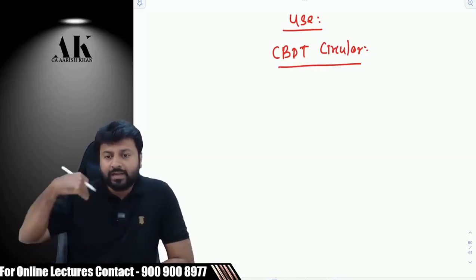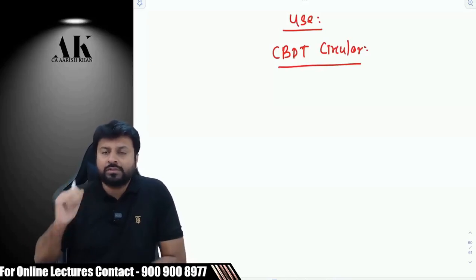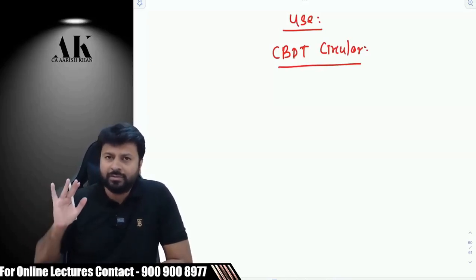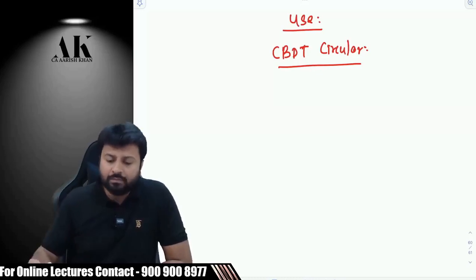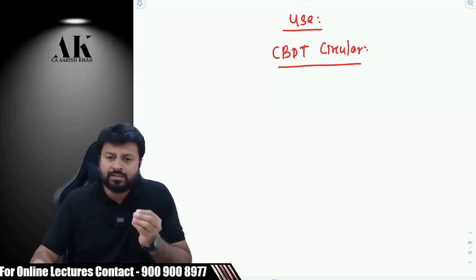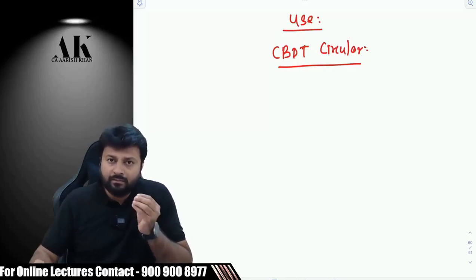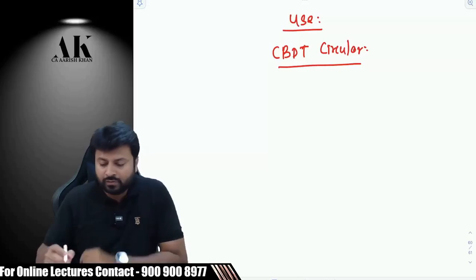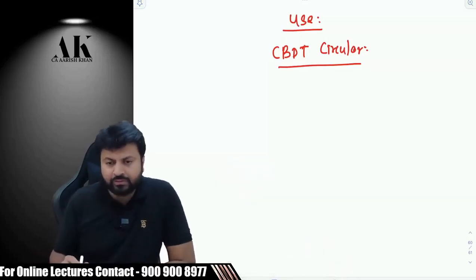Now, before we get to the definition of the term use, let me talk about some different thing. First of all, let me talk about some conceptual discussion before we get into the discussion of the word use. What is the conceptual discussion that I'm talking about? I'm talking about what is the nature of a CBDT circular, how a CBDT circular is going to impact the taxpayer, how it is going to impact the income tax department, and so on and so forth. So I have a question to all of you.